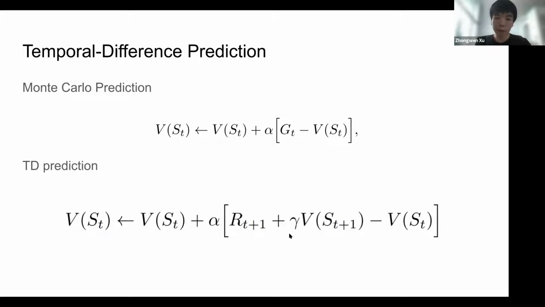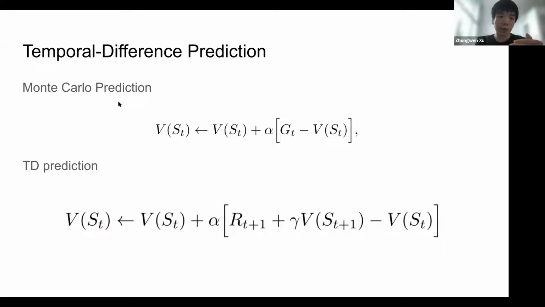Recall that we also mentioned the recursive form of the return and the recursive form of the optimal value function. Here it is in a similar form: your value at the current time step should be equal to the reward from the next time step plus the discounted future values.